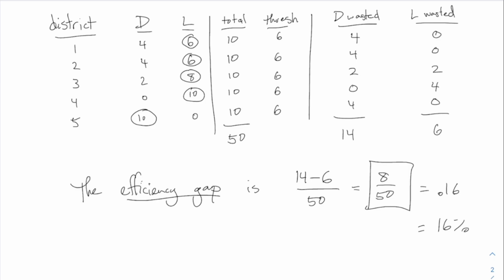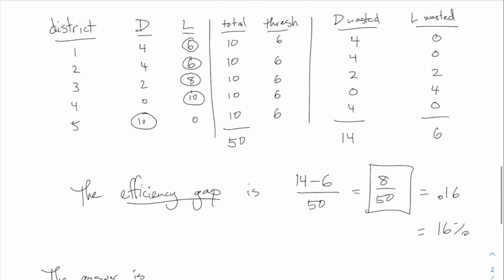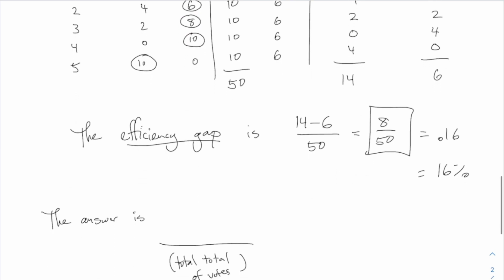All right, so let me say specifically how this fraction works. The answer is always a fraction. Down here is the total of votes, right? You take that total column and you add them all up. That's the denominator of the fraction.